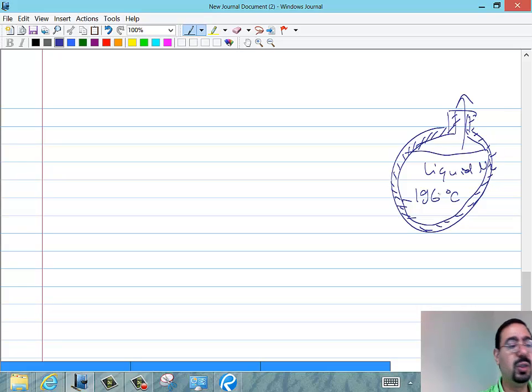And so if the nitrogen is like this, and it's boiling, of course, becoming vapor, it will keep at minus 196 all the way until it's all basically vapor, and then it will leave. So if you have your experiment nearby, it will enjoy minus 196 for a very long time until you finish it.